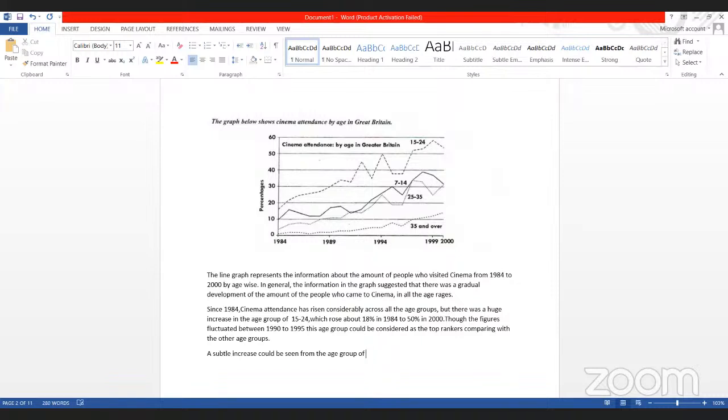So not 25, 35 plus, and a minimum, a small development would be seen in that group, in that age group, right? In that age group.